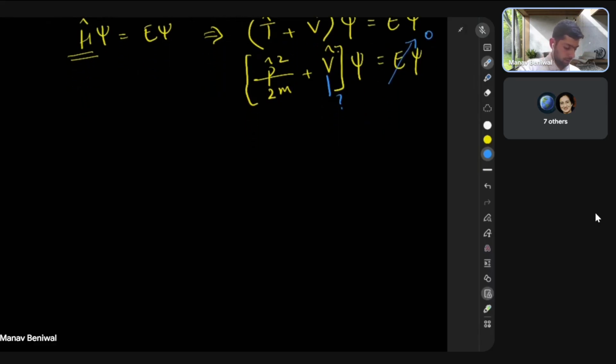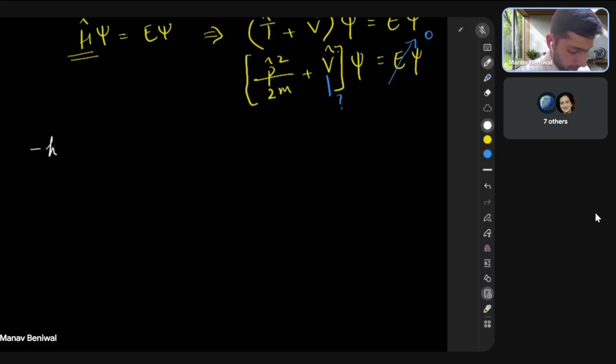So okay, let's start. Again we can write this p squared over 2m. We know our momentum operator, we know kinetic energy, so let's write.